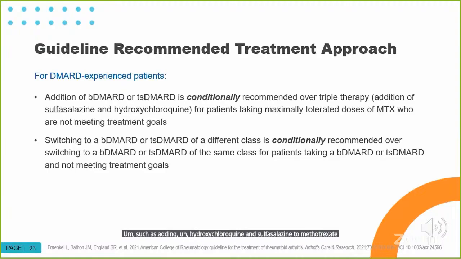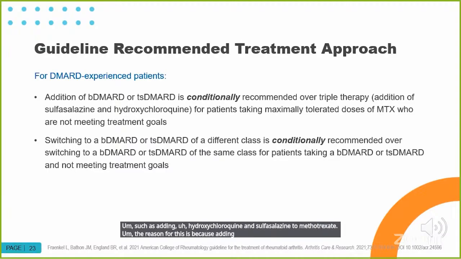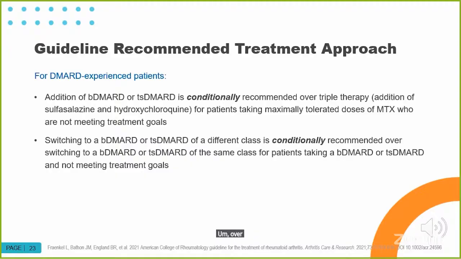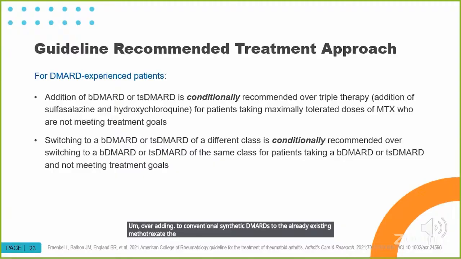The reason for this is because adding a biologic or a targeted synthetic DMARD to methotrexate will be more effective in making sure the patient reaches their target over adding 2 conventional synthetic DMARDs to the already existing methotrexate therapy.